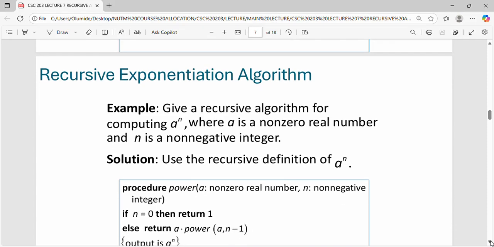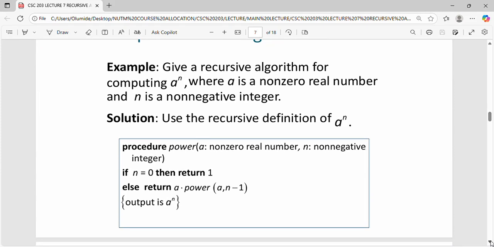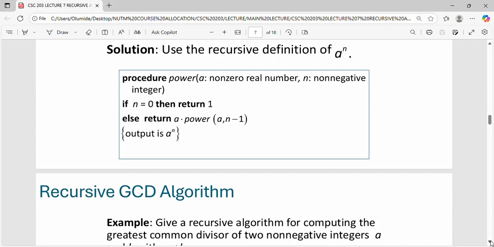Now let's look at the recursive exponentiation algorithm. Give a recursive algorithm for computing a raised to power n, where a is a non-zero real number and n is a non-negative integer. Now let's look at the solution. Now what you're going to do is use the recursive definition of a raised to power n. We know that a raised to power n simply means we can rewrite it in the form of a times a raised to power n minus 1.